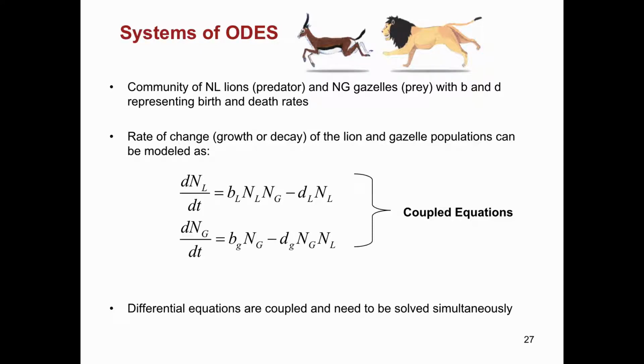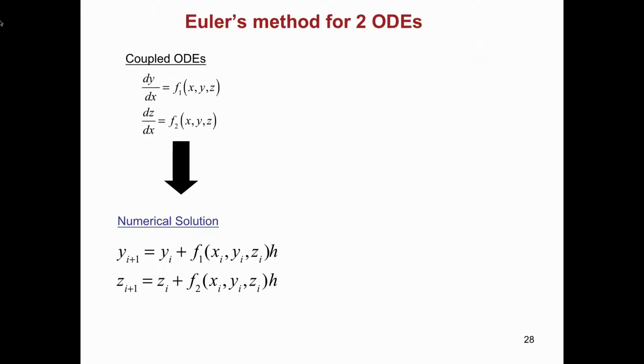So we can apply the very same methods that we've been working on. If I had two ODEs like this, and I might have more, it doesn't really matter how many, let's say I'm using Euler's method. I'm going to use Euler's method on both simultaneously.